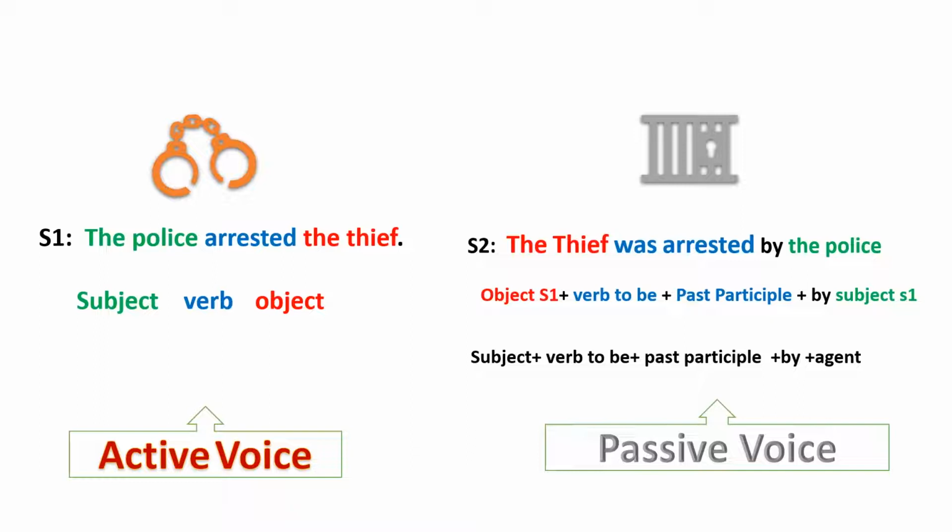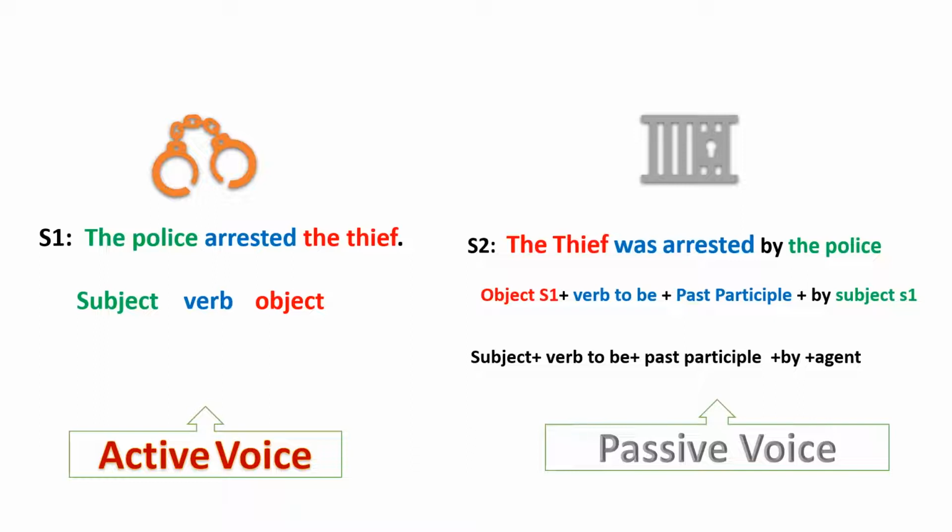Sentence number 1 is the active voice. But let's look at sentence number 2, which is in the passive voice: "The thief was arrested by the police." I will repeat. "The thief was arrested by the police."